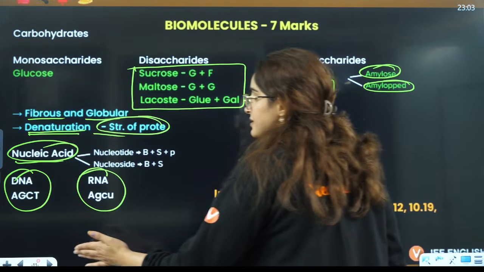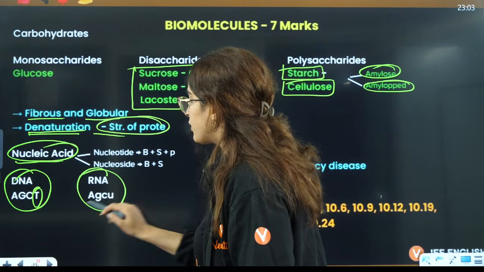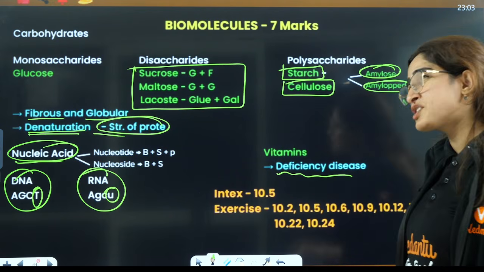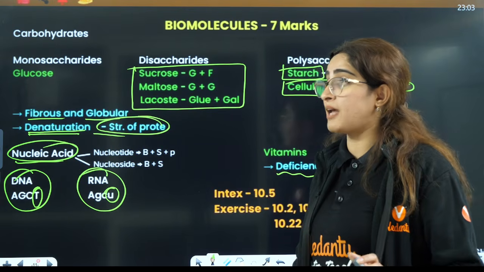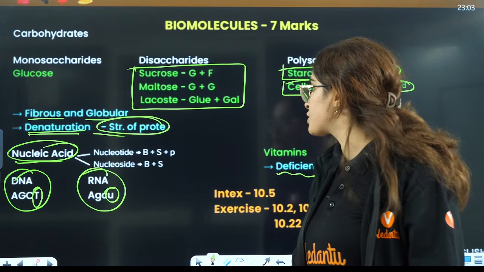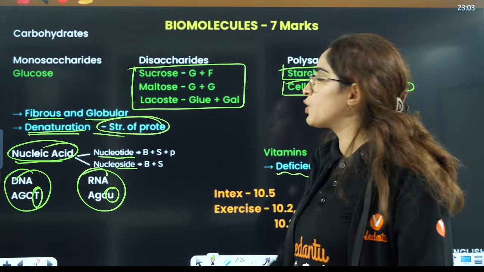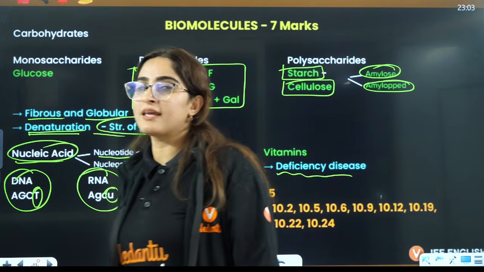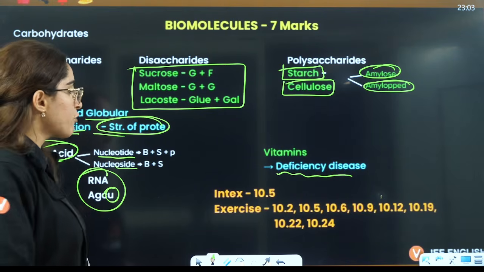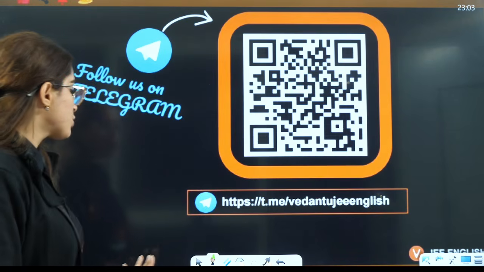What nitrogen bases are found in DNA, what are found in RNA, like here thymine is found, here uracil is found, right? Then in vitamins, vitamin deficiency is very rarely asked, but they can ask you that, so you should know about it, right? Maybe in 1 mark they can ask you something like that. Then the difference, what is nucleotide, what is nucleoside, all these small things they ask you. So go through these topics in this chapter, right? These are the exercise and in-text questions that you need to do.